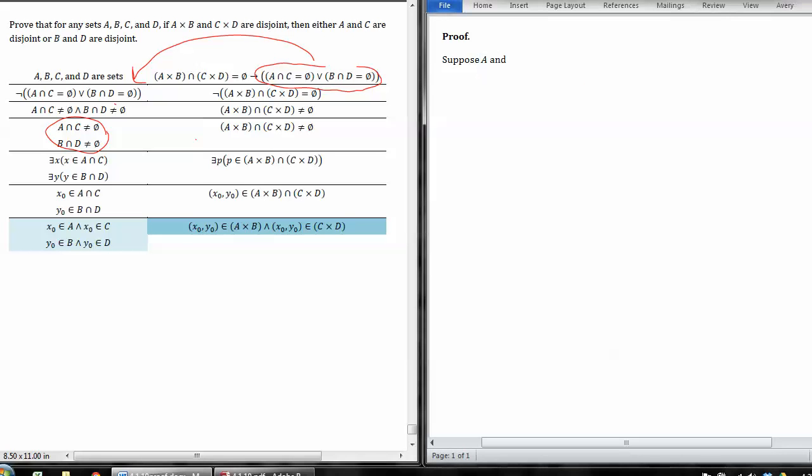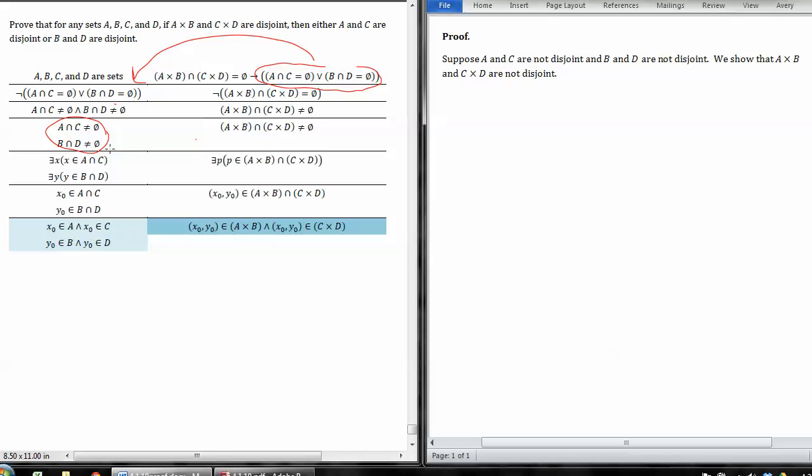So A and C are not disjoint. And moreover, B and D are not disjoint. And we're going to show that A times B and C times D are not disjoint. Oops, that went off your screen there. And C times D are not disjoint. Okay, good.